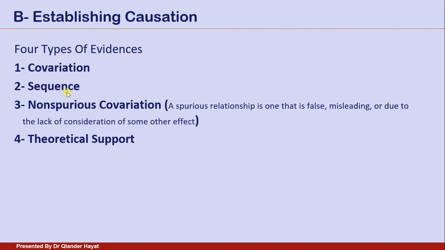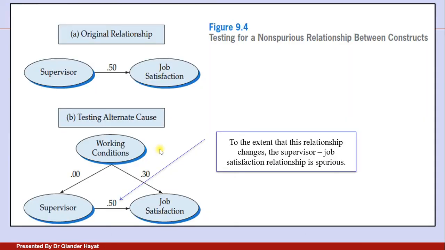What would be the sequence of variables, what are the non-spurious covariations, and the fourth one is the theoretical support: what is the theory saying. Take this example. There are two variables, supervisor and job satisfaction. We specify that supervisor is a latent variable and job satisfaction is also a latent variable, but supervisor is influencing job satisfaction.